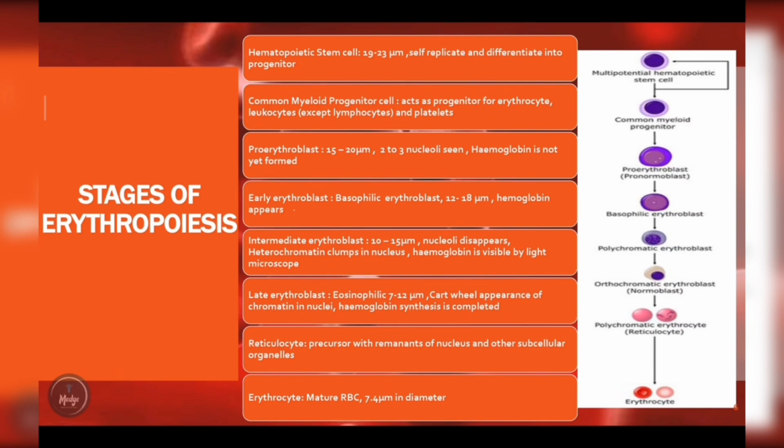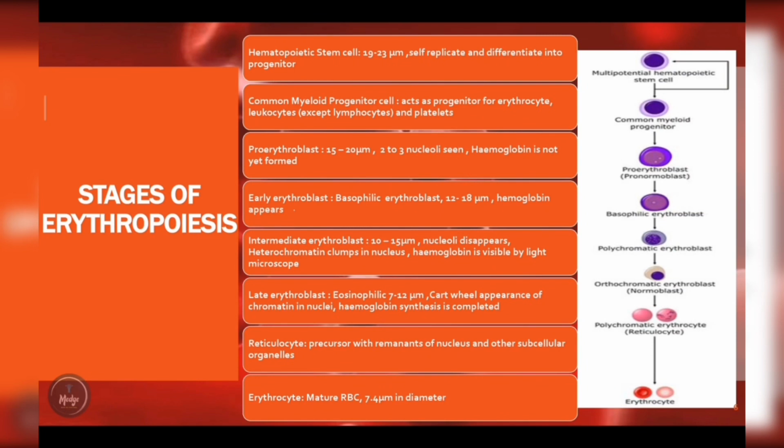Coming to the next stage, the intermediate erythroblast. Its size ranges from 10 to 15 micrometer. Nucleoli disappear, and heterochromatin clumps inside the nucleus, which is the pyknotic nucleus, and hemoglobin is visible under the light microscope in this stage.